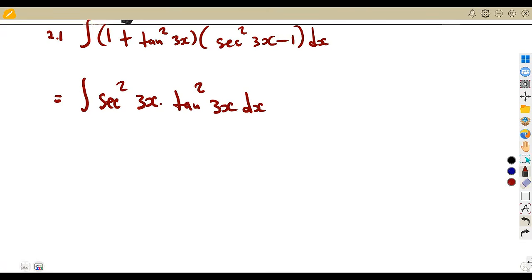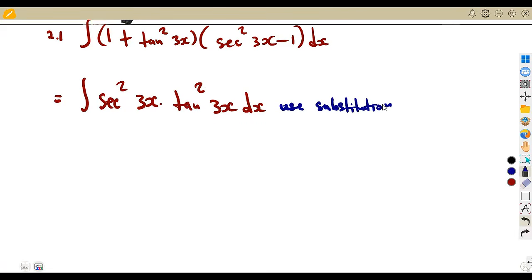So let us think along this. Can this be integrated or not? Do we have to introduce a certain identity or not? Okay, we can think of the substitution, because the derivative of tan gives us sec squared, so sec squared can cancel. So on this one, we can use the substitution method.